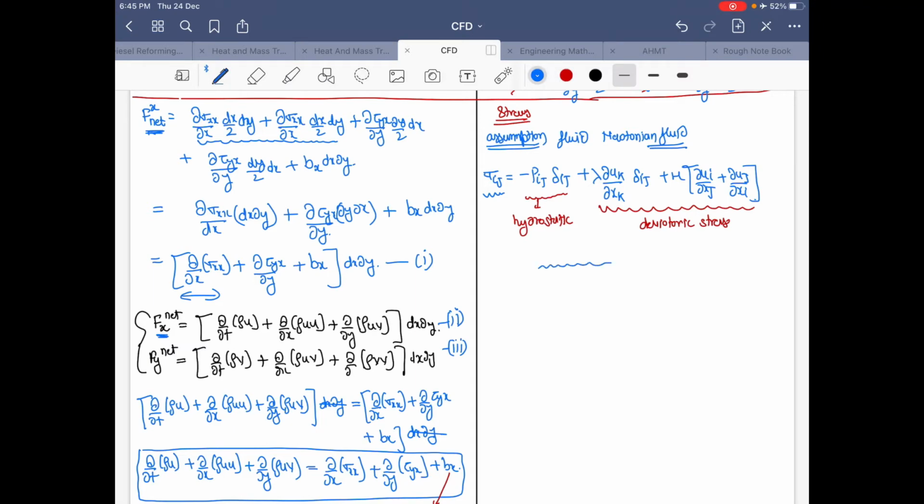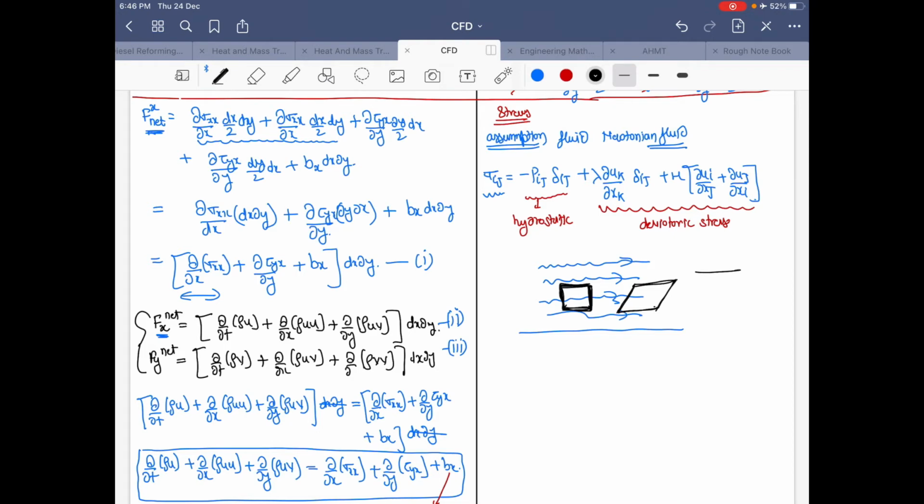Whenever your fluid is flowing, suppose this is a fluid that is flowing somewhere or over some surface, and you consider your control mass. Suppose this is your control mass. What will happen to this control mass? The things that can happen: one thing is, when it is moving with respect to time and space, it can distort its shape like this.